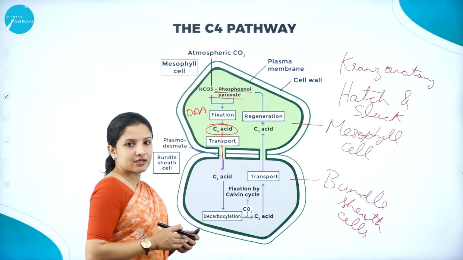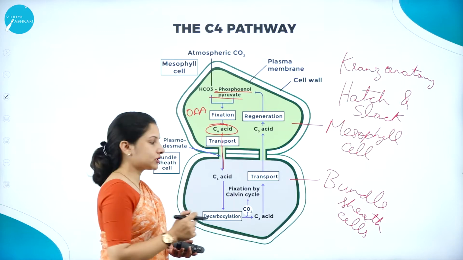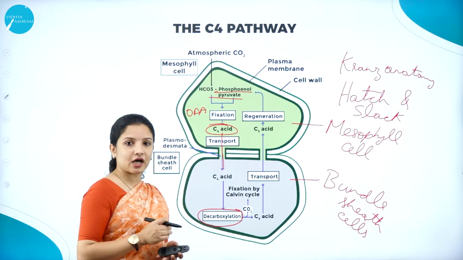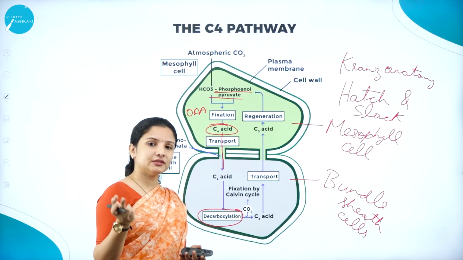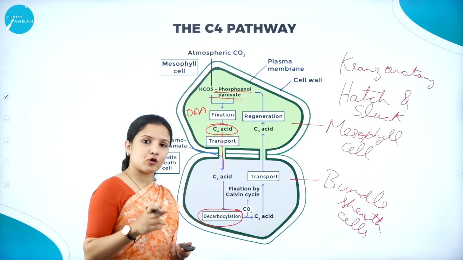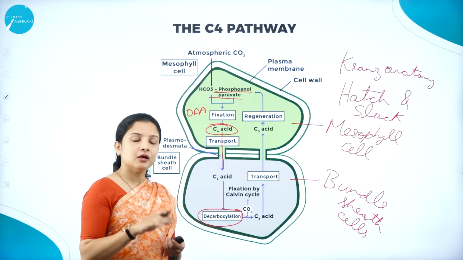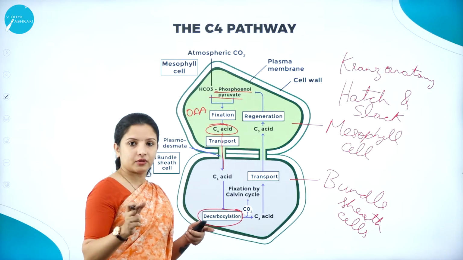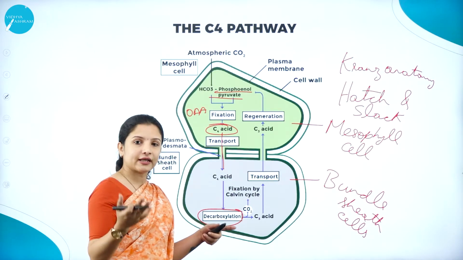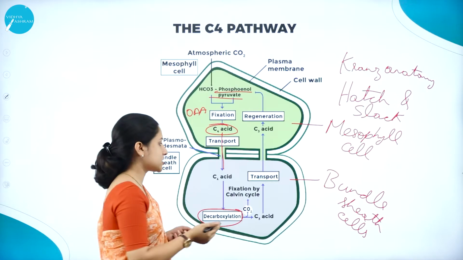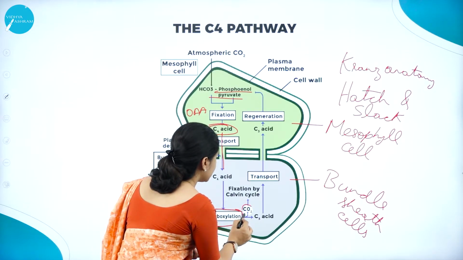Now in the bundle sheath, decarboxylation will occur. In the case of the Calvin cycle, there is carboxylation, wherein carbon compounds get added, right? But in this case, one carbon dioxide molecule will get eliminated, that is removed, which is decarboxylation. The removal of carbon dioxide will be done.